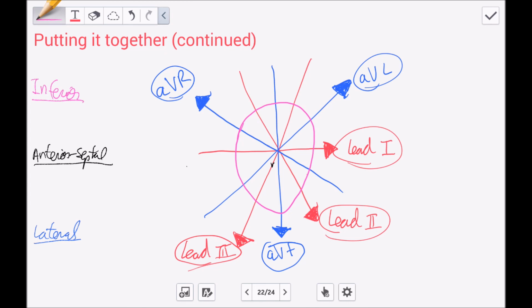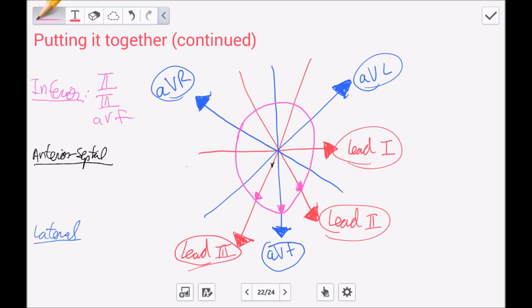So inferior leads, which leads are pointing to the bottom of the heart? Well, we have lead number 2, pointing towards the inferior part of the heart. AVF is also pointing towards the inferior part of the heart. And we have lead 3. It's also pointing towards the inferior part of the heart. So therefore, which ones are your inferior leads? Well, you guessed it. Lead 2, lead 3, and AVF.